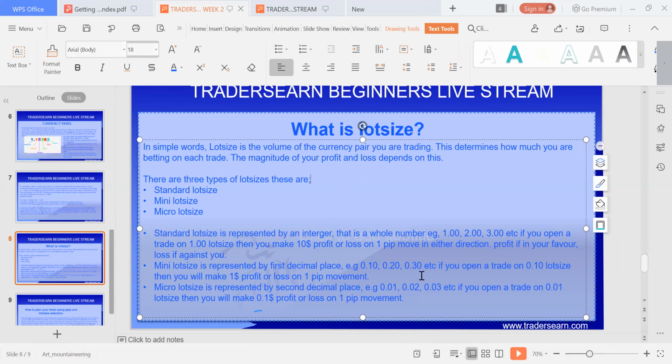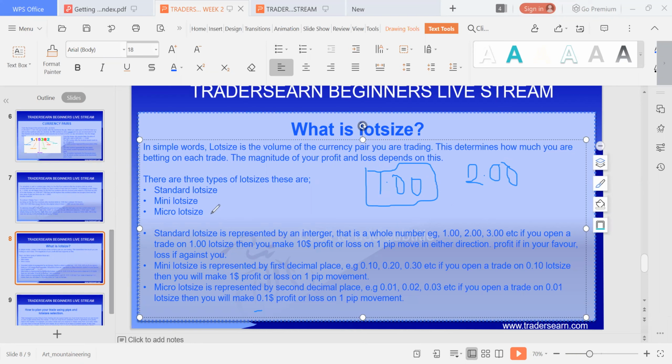Now, standard lot size is represented by an integer. If you are setting your lot size to a whole number, let's say 1.00, what you are using here is a standard lot size. You can also set it to 2.00. If you are doing that, you are using 2 standard lot size.